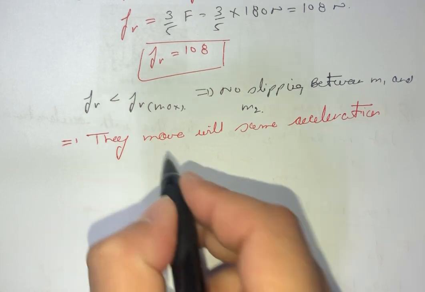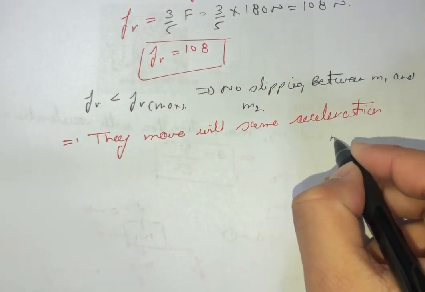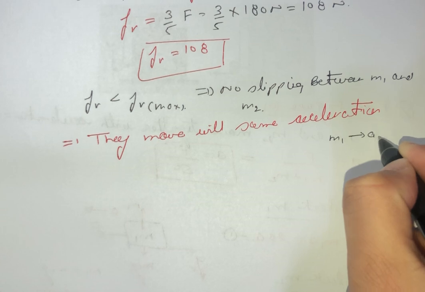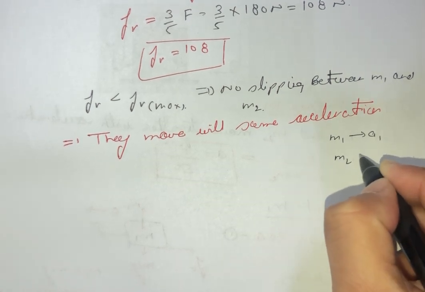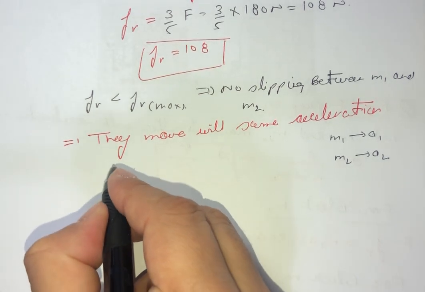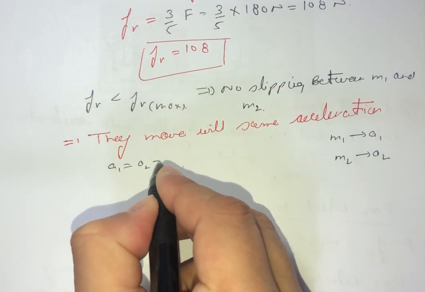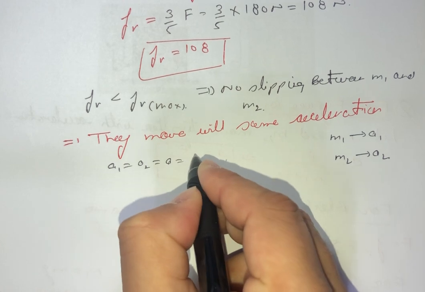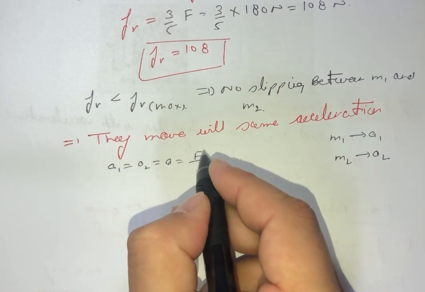So if acceleration of m1 is a1 and acceleration of m2 is a2, then we can say that a1 is equal to a2 is equal to a, which is F upon 50.